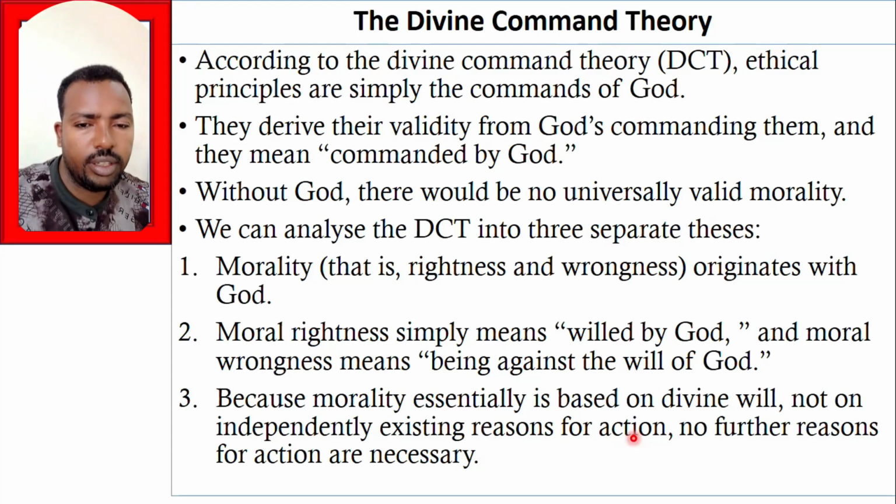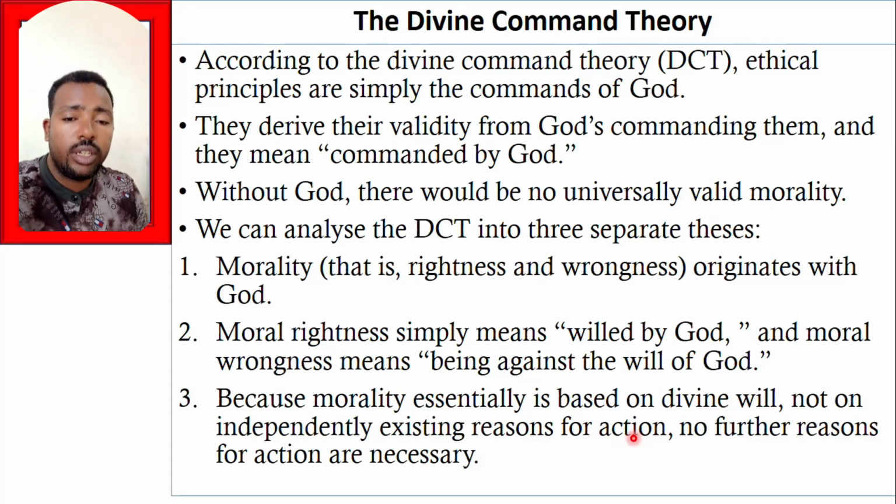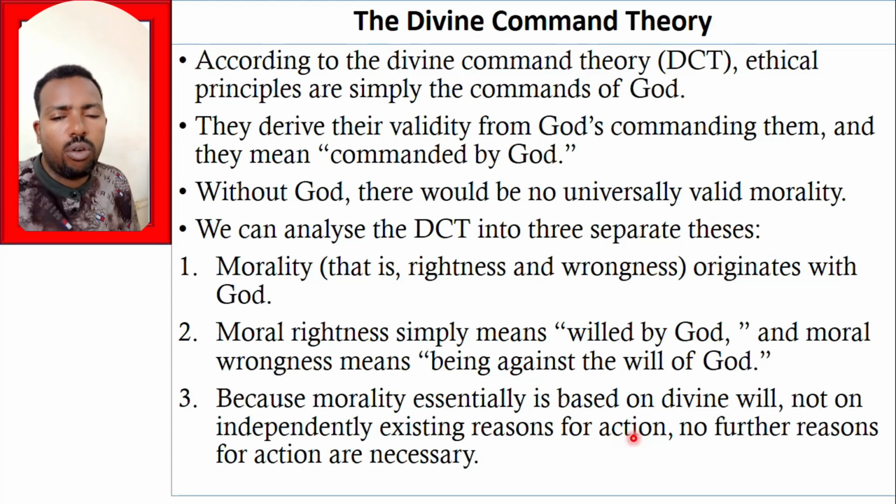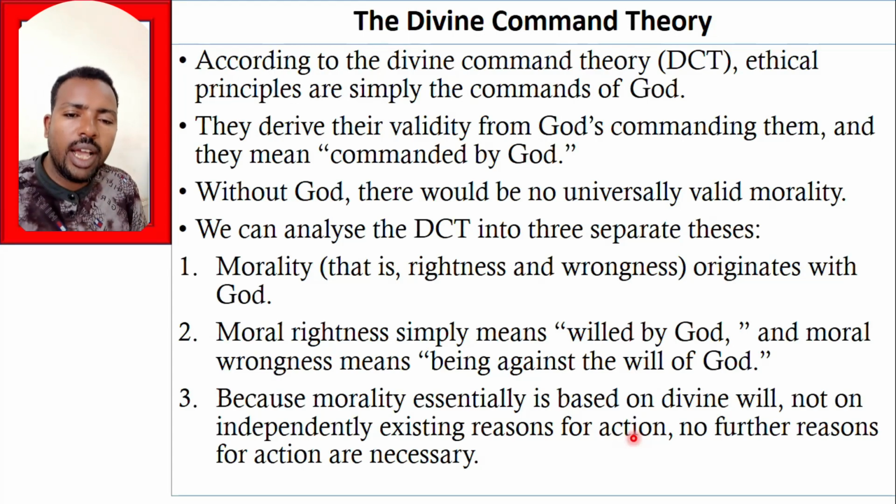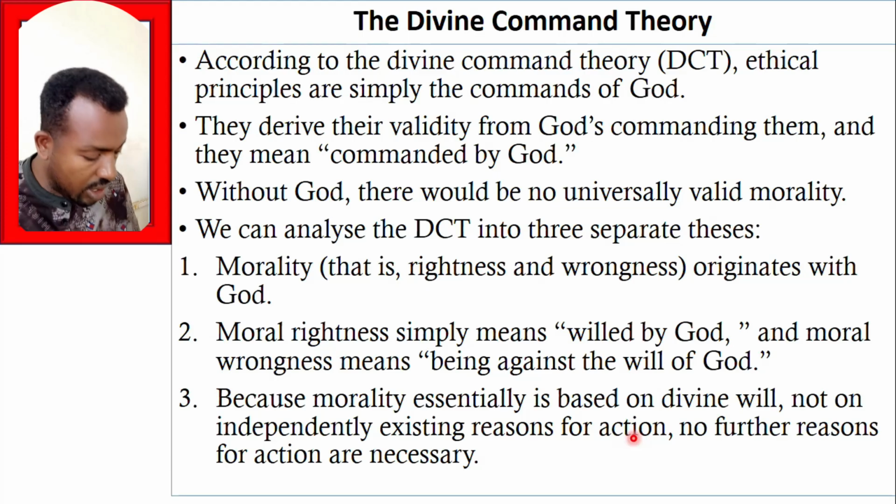If God is the source of morality, human reason is not required to define and establish this kind of argument. Therefore, there is no room for human reason to indicate whether a certain action is right or wrong, or to argue against those established principles given by God. So this is the argument they forward.